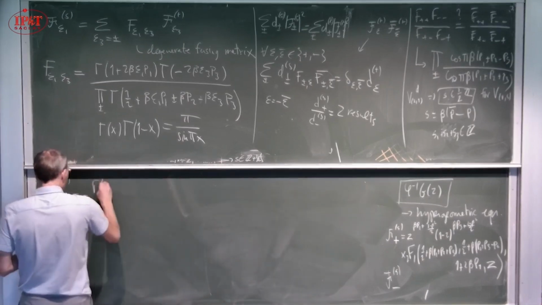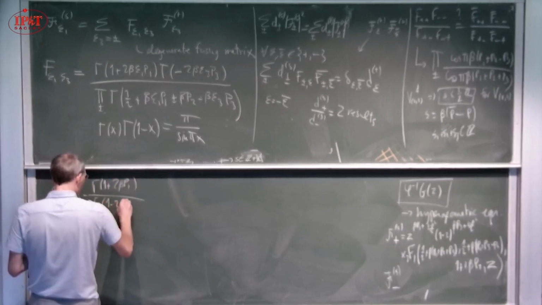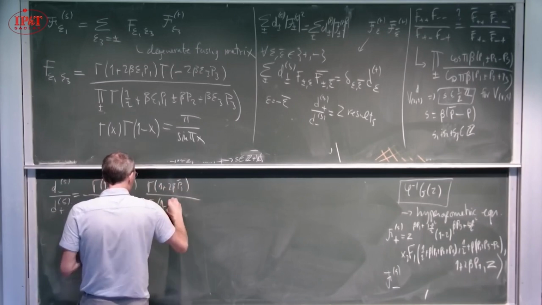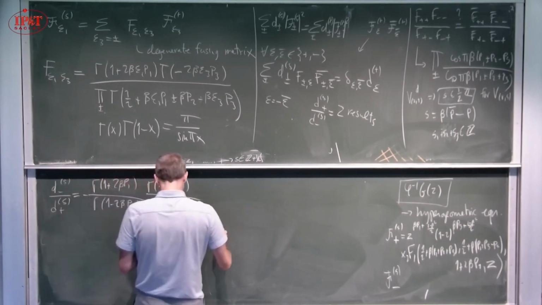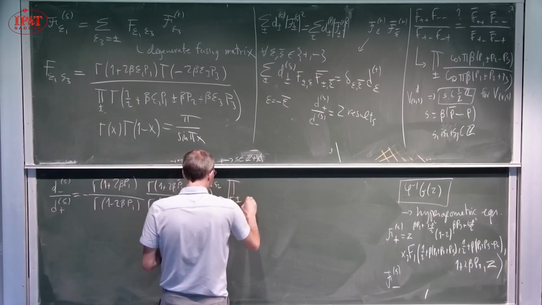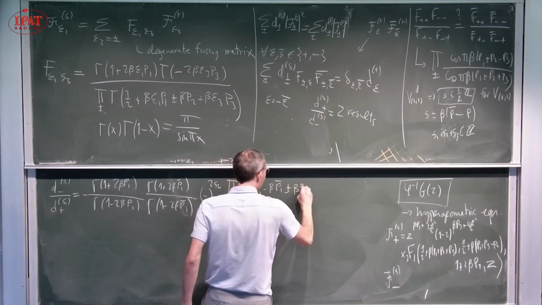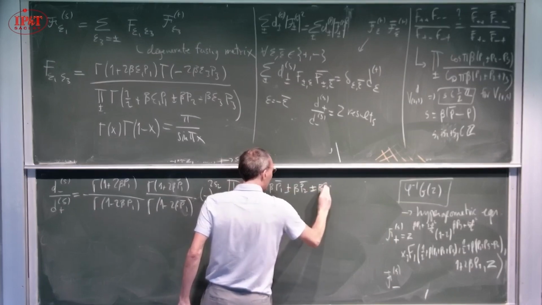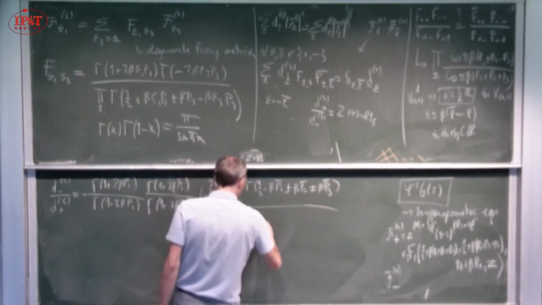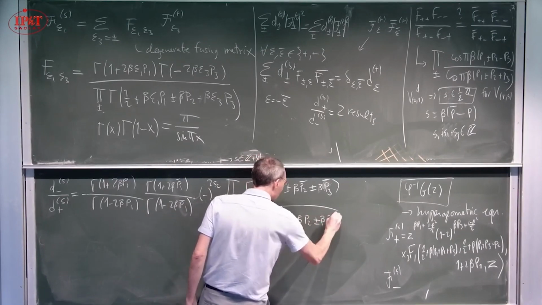So, minus gamma of 1 plus 2 beta p1 over gamma of 1 minus 2 beta p1, gamma of 1 plus 2 beta p1 bar, gamma of 1 minus 2 beta p1 bar, minus 2s2, and then product plus minus gamma of 1/2 minus beta P1 bar plus minus beta P2 bar plus minus beta P3 bar over product gamma of 1/2 plus beta P1 plus minus beta P2 plus minus beta P3.